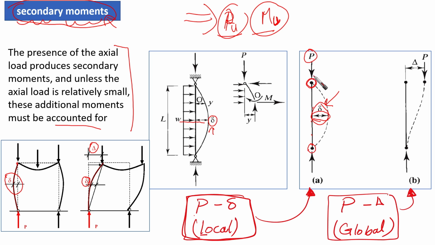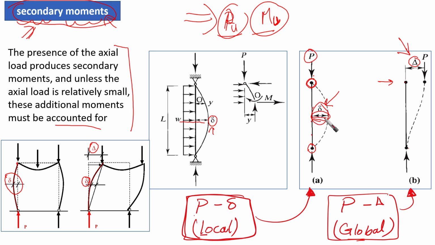This is the braced condition. And the unbraced condition is where one of the ends moves relative to the other end. This is small delta, this is large delta. Here we call this global, meaning that it is due to relative movement of the ends of the element itself. This is the main idea of why we are going to consider this secondary moment.